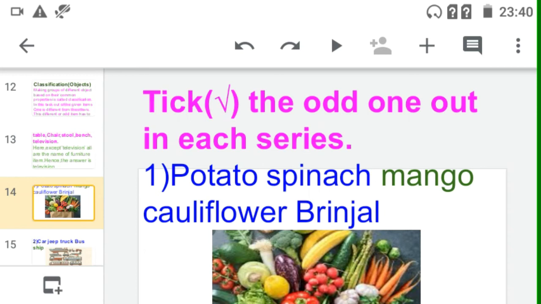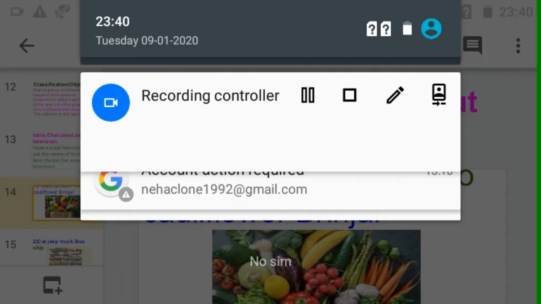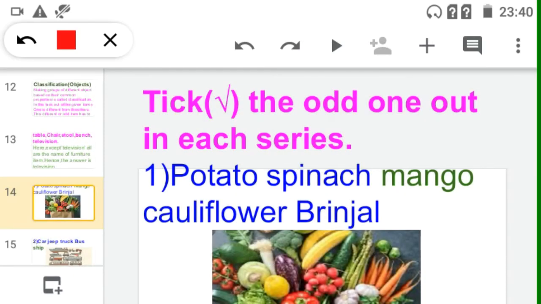So see, in that series, first question, there are given vegetables. In those things, which is the odd one, that only we have to find out. So here, first thing is a potato, then spinach, then mango, then cauliflower, and then brinjal.